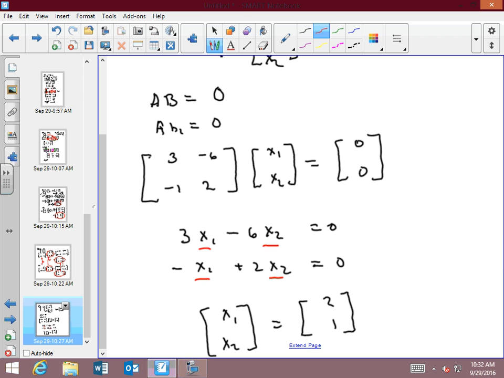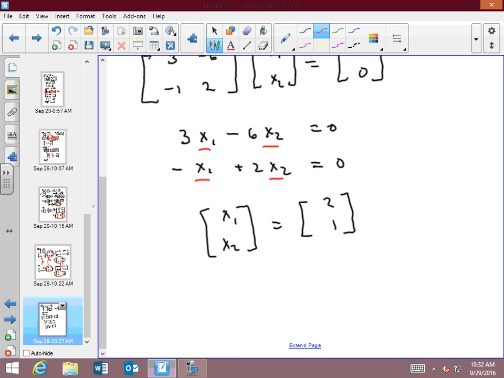And then what you can do is you can use any multiple of this. You could have x1, x2, as long as they were in the ratio of 2 to 1.